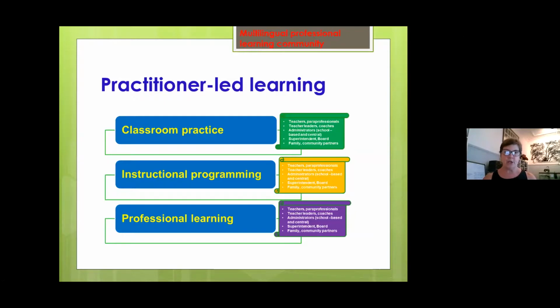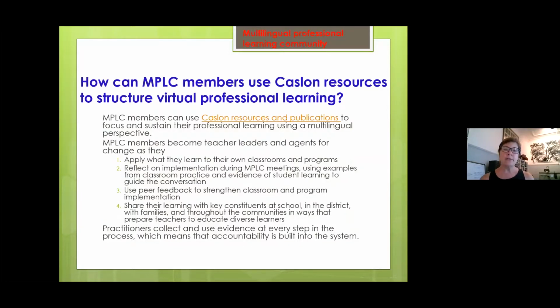We have to make some changes to the program structure as well. And then you might find out that as you're wanting to make changes to classroom practice and instructional programming, you need more professional learning because you've never had the opportunity to learn about something. And this is where the Caslon books and the book study guides come together for you. How can you use our resources to structure virtual professional learning?